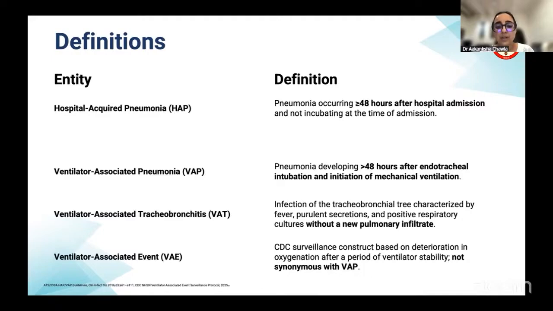Ventilator-associated tracheobronchitis is infection of the tracheobronchial tree, presenting with fever, purulent secretions, even a positive culture, without a new pulmonary infiltrate on the radiology. And ventilator-associated events, like I told you, are used for surveillance purposes, have been given by CDC, and they are not synonymous with the clinical definition of ventilator-associated pneumonia.